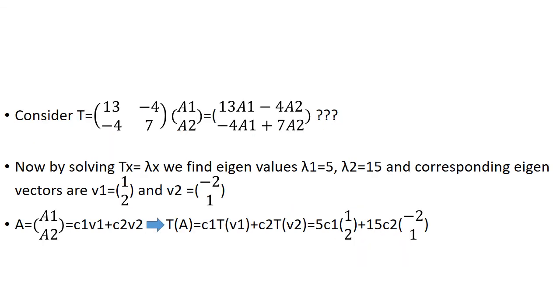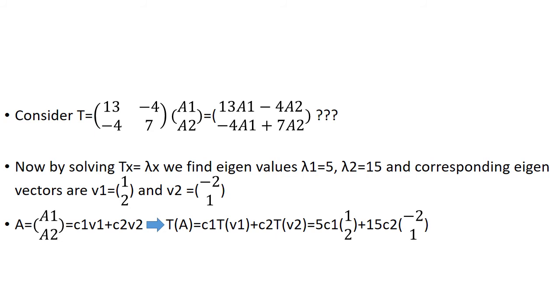Consider a real example. We have a matrix 13, minus 4 and minus 4, 7, and a vector a1 and a2, and the new output vector is 13 a1 minus 4 a2 and minus 4 a1 plus 7 a2. Now how is the linear transformation T transforming the vector a1, a2 into a new vector?